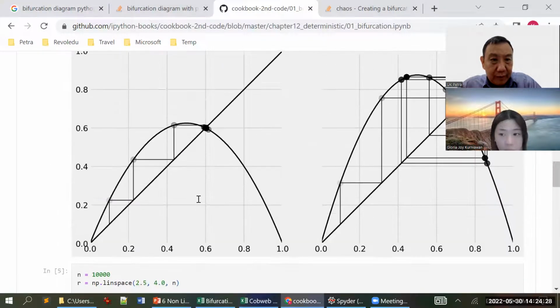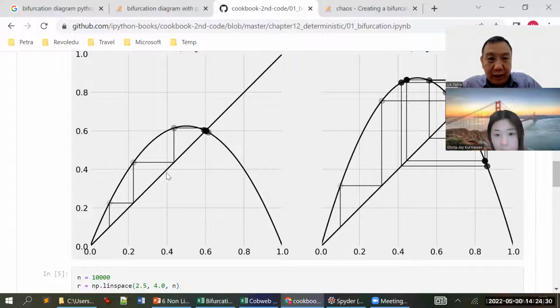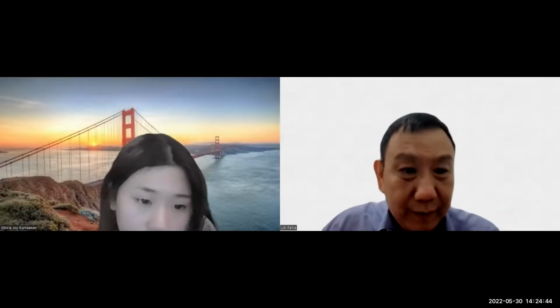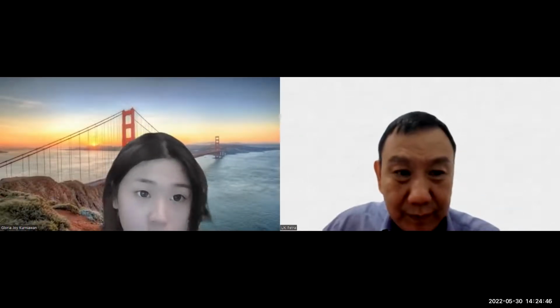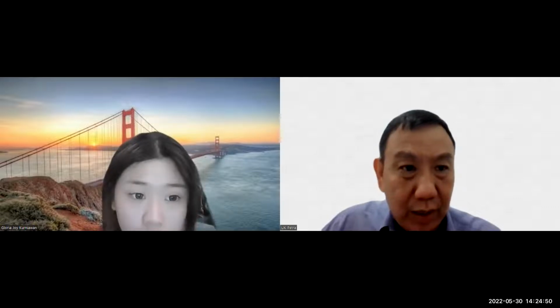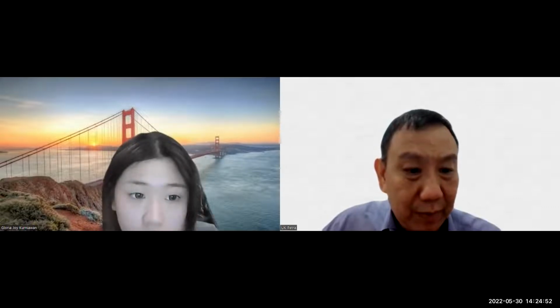So you practically create that cobweb. The values that we are able to change are in the plot system, the R and X0.